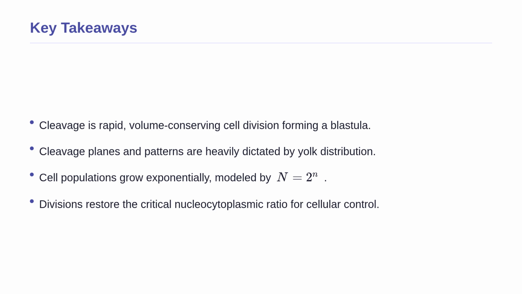Finally, we saw that this process is highly mathematical. The cells multiply exponentially, and in doing so, they successfully restore the critical nucleocytoplasmic ratio, allowing the genetic material to properly control the cell. You now have a solid understanding of the geometric and mathematical precision required to begin building a complex living organism.